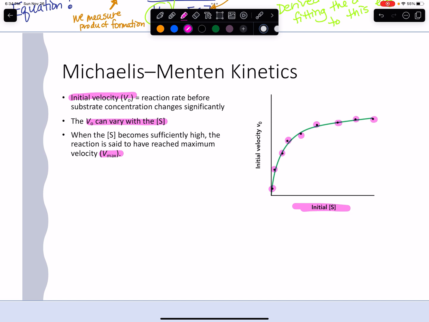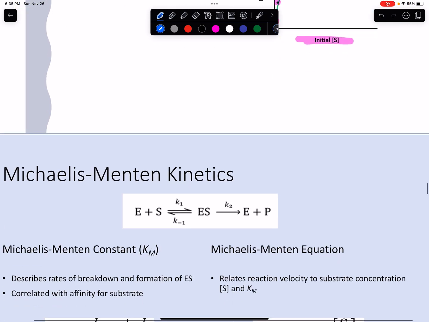This is the result of a bunch of different experiments. This is, let's see, 1, 2, 3, 4, 5, 6, 7, 8, 9. So this curve is the result of 9 experiments, where V0 was determined at different substrate concentrations.